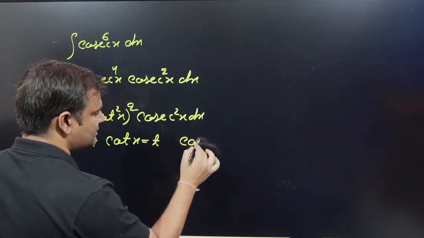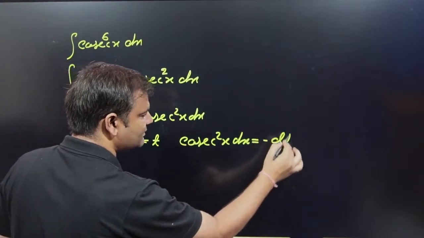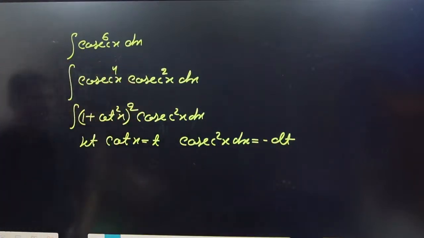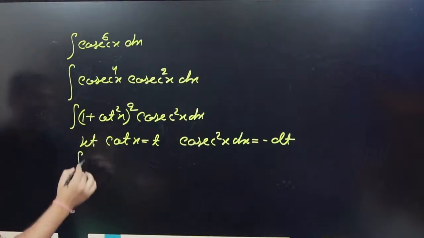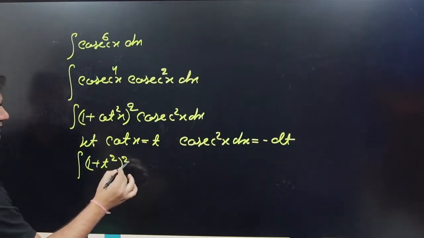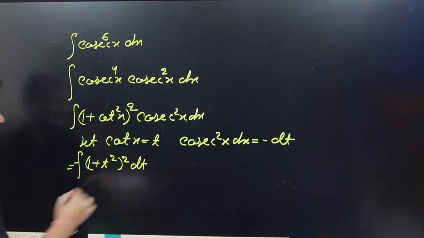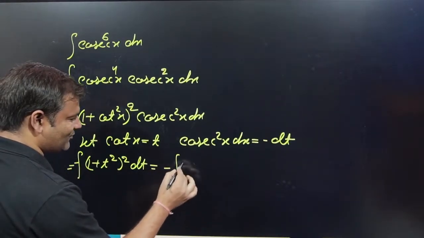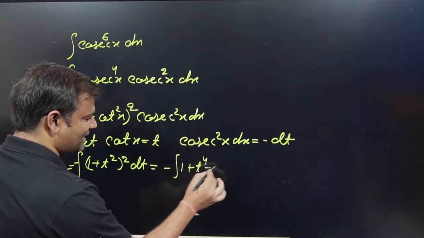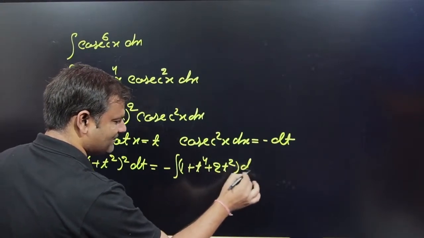So cosec square x dx is equal to minus dt. After that, we get integral of 1 plus t square to the whole square dt. Now, 1 plus t to the power 4 plus 2t square into dt.